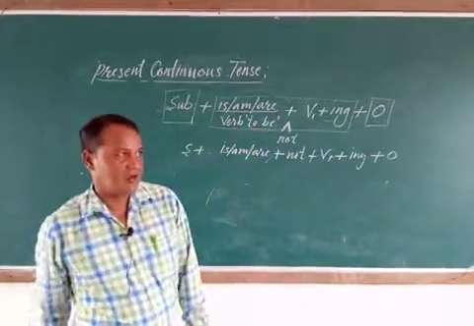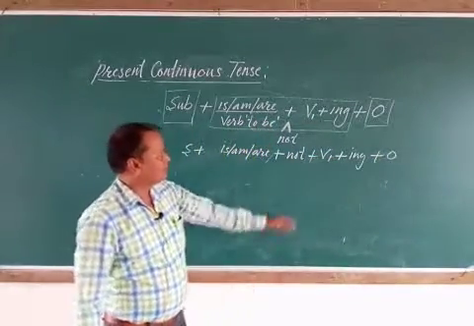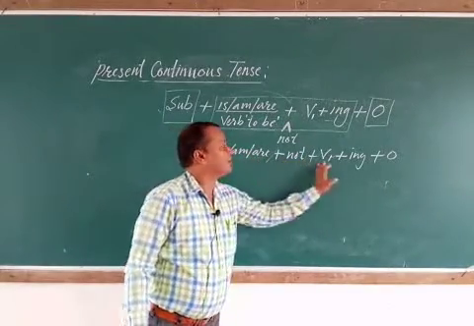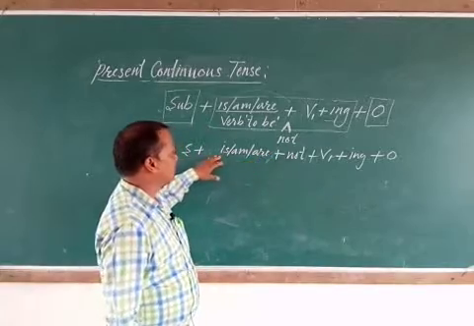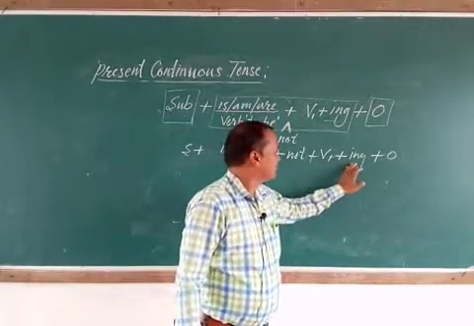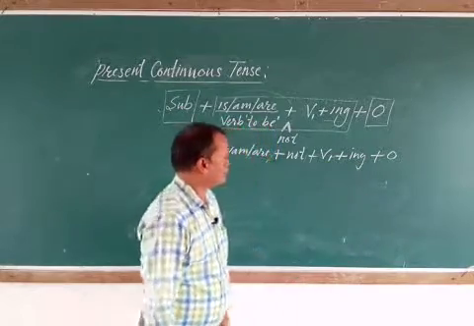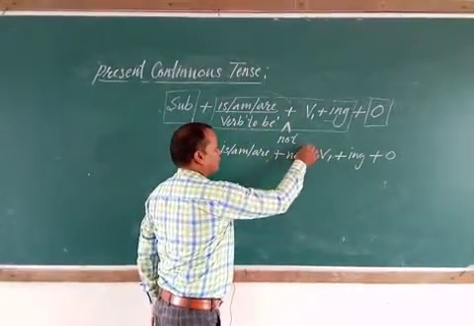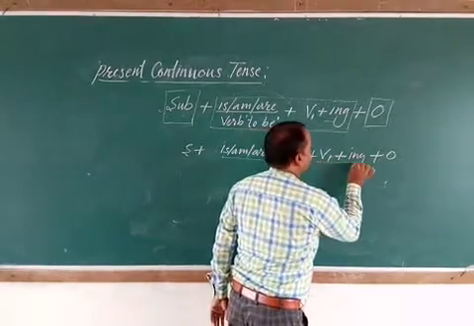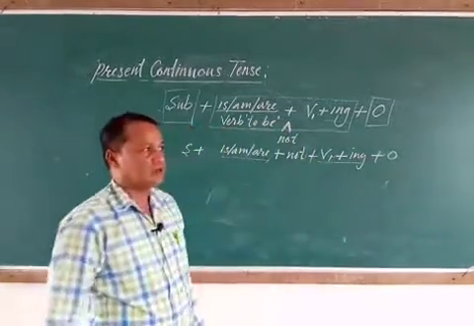Means what extra do we have to add? We have to add not between the helping verb and the main verb. These are called helping verbs or auxiliary verbs, and this is called the main verb. So we have to add not between the auxiliary verb and the main verb to make it negative.